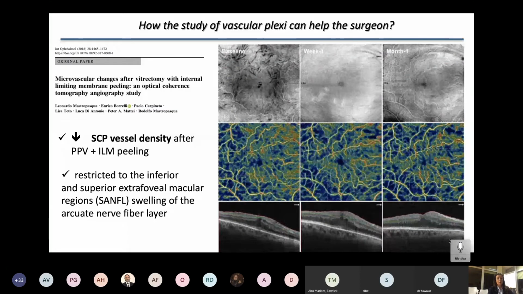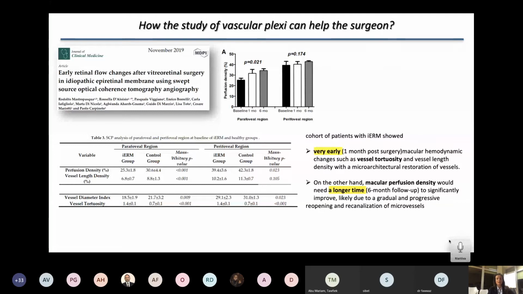Moreover, we can study using OCTA the microvascular changes after vitrectomy with ILM peeling. We can see a reduction of vessel density also in the superficial capillary plexus. Many authors studied the effects of ILM peeling on the deep plexus and on the phase area.